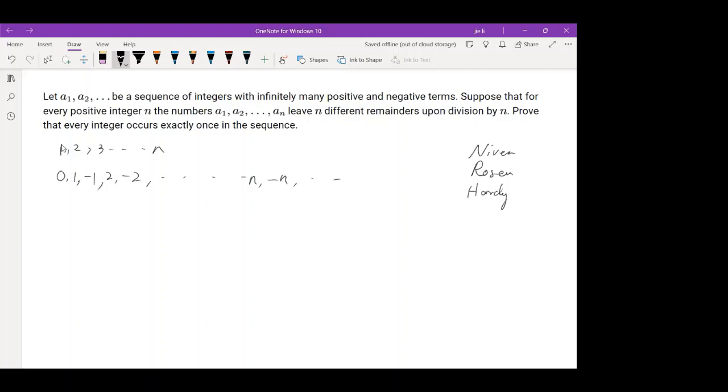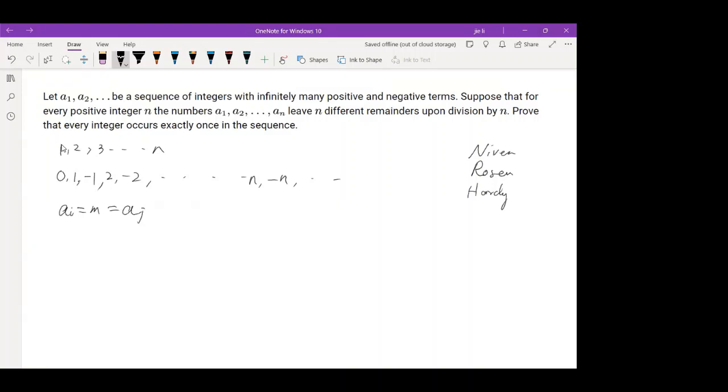Suppose you have a_i and a_j, then if we simply take mod j, you have two terms that are identical. So we cannot have two terms that are equal.